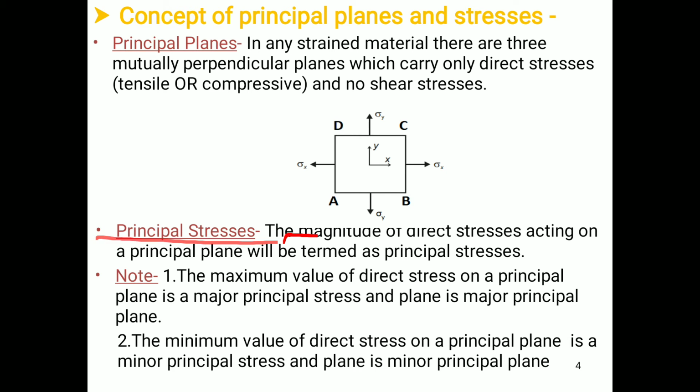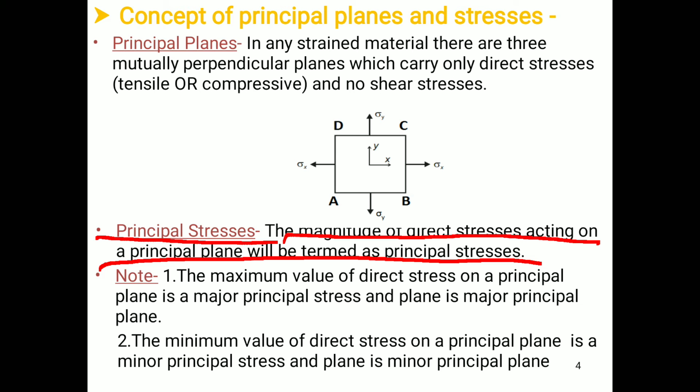Okay, now we will discuss the principal stresses. The magnitude of the direct stresses acting on a principal plane will be termed principal stresses. If we consider the magnitude of normal stress which is acting over the principal plane, then it is known as principal stress.